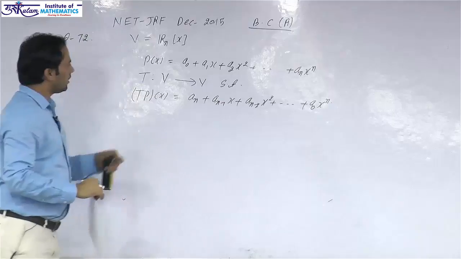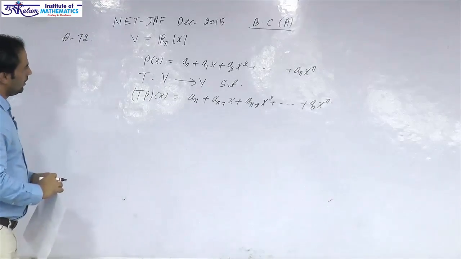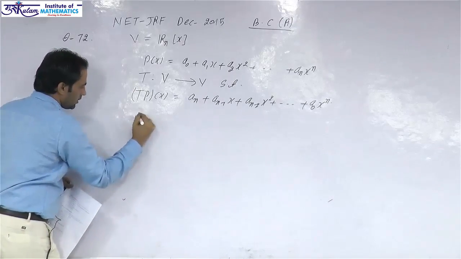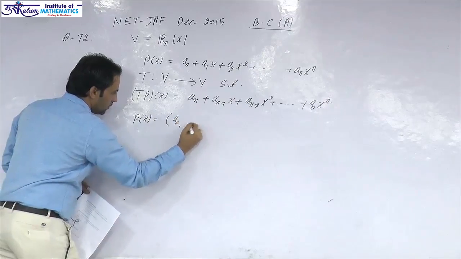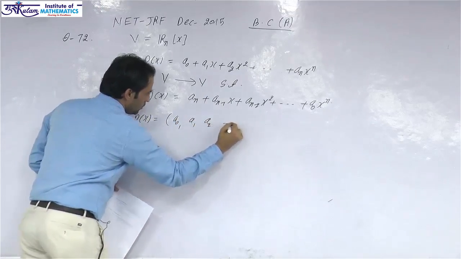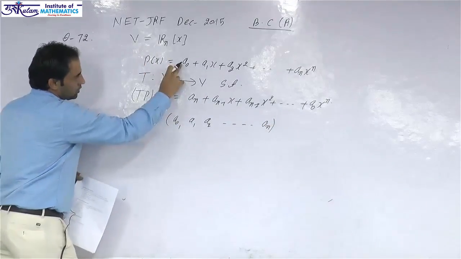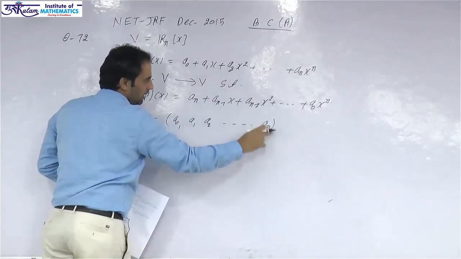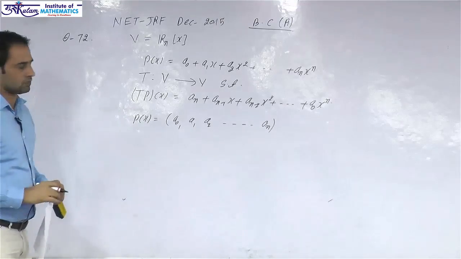So this is an operator defined on this vector space V. We can represent this polynomial P(x) simply by its components a naught, a1, a2, an. So a naught is the constant term, a1 is the coefficient of x, a2 is the coefficient of x squared and an is the coefficient of xn. So this is the representation of P(x).